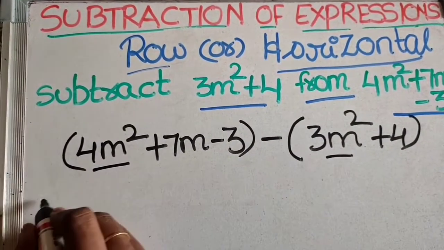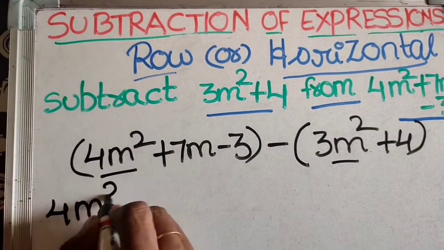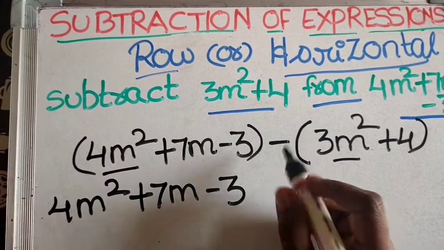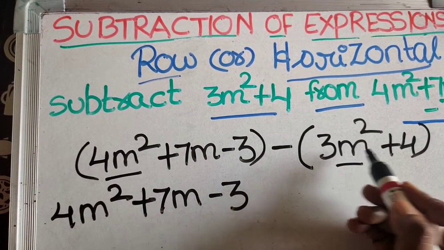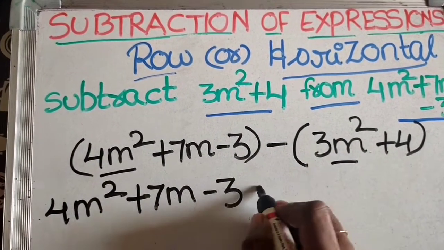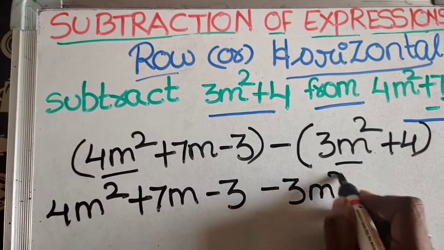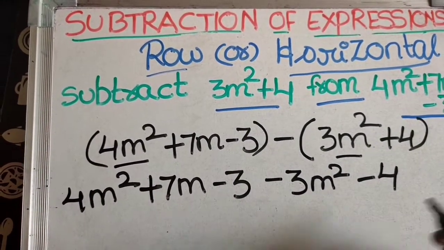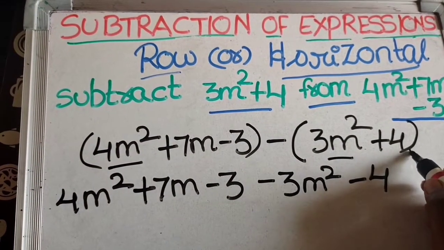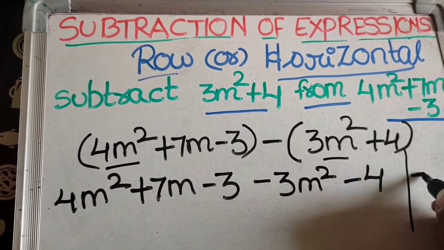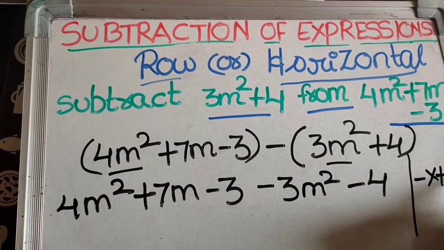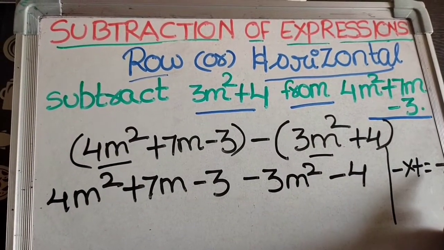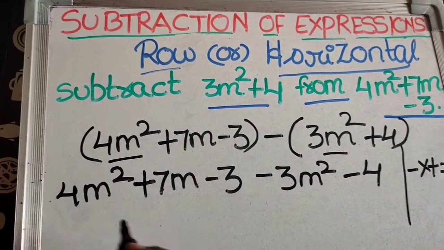See the m square values first. 4m square, and don't forget the symbol, plus 7m minus 3 minus 3m square, because already we said the rules of multiplication. So minus into plus gives minus. So minus 3m square minus 4. So we have multiplied each.